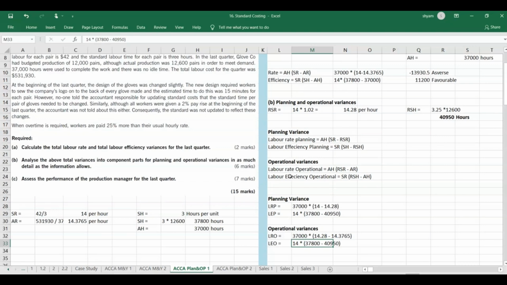What is the labor efficiency variance? SR is 14. RSH is 40,950, that is here, minus AH. AH is 37,000 hours. So that's it, we got it. We can just paste it and get the answer.